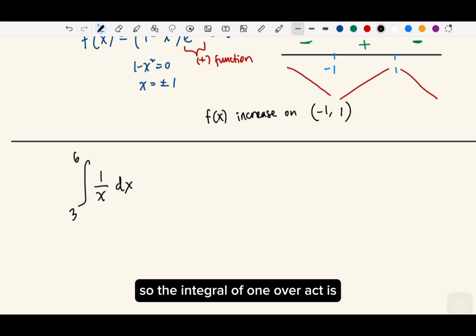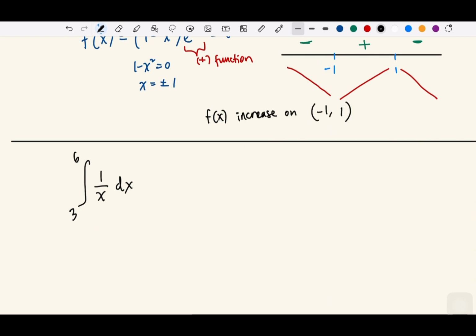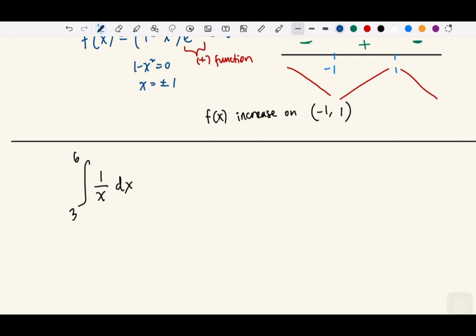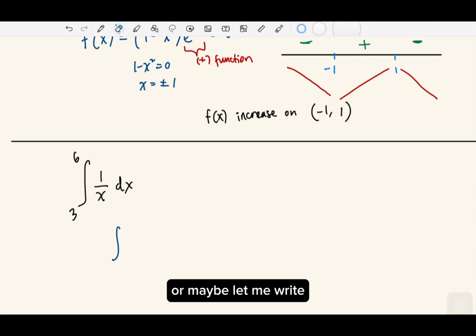So the integral of 1 over x is ln of the absolute value of x, right?